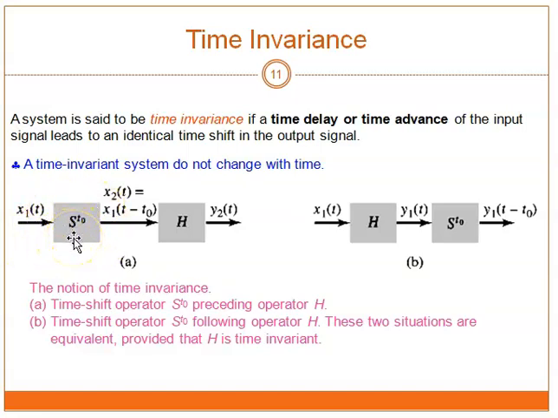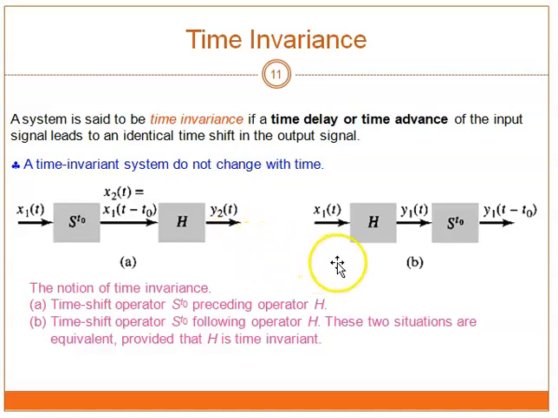The delay system is S_t0, and this will produce an output of x1(t minus t0) because it has been delayed. Then it goes into another system operator, denoted by H, and this gives the final output y2(t).